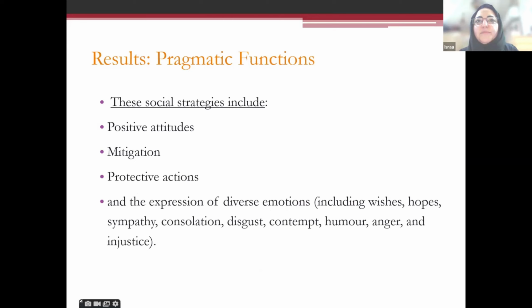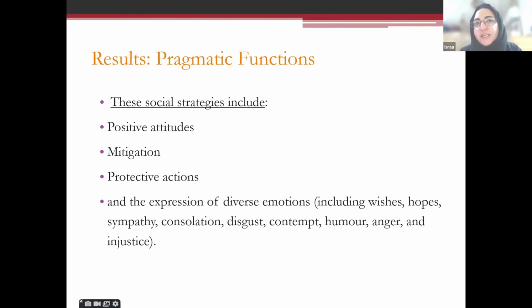They include positive attitudes such as expressing solidarity, thanks, compliments, praise, care, love, respect, all that, and also mitigation of the force of the direct request. So to soften the imperative, a prayer would normally come before or after the imperative. For example, like, help me, may God not humiliate you, or may God keep you happy, do this for me. So it can come before or after.